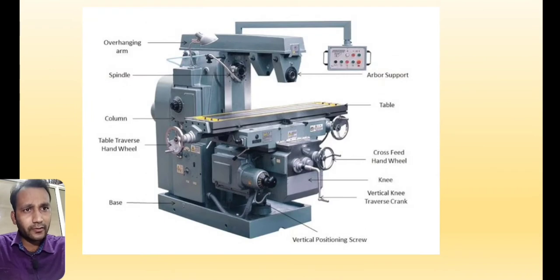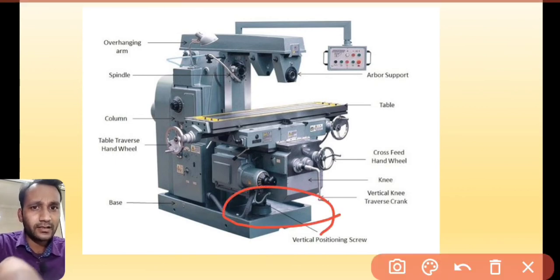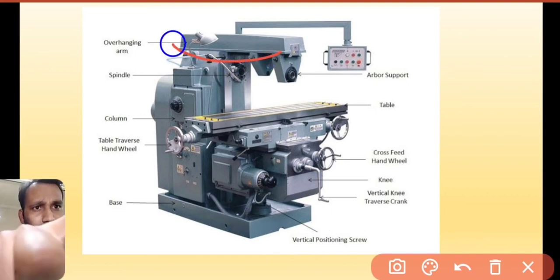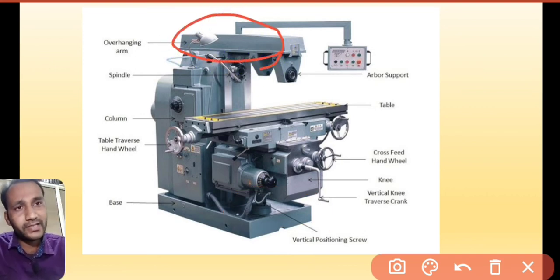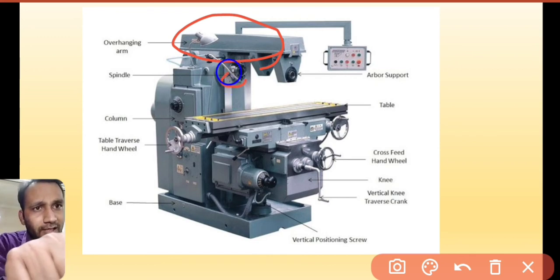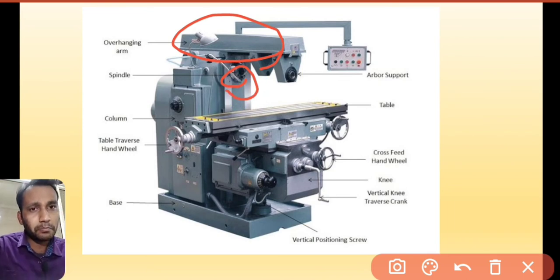This is the pictorial diagram of a milling machine. You can see all the components I have discussed earlier. This is the overhanging arm, which supports the arbor, and in the arbor the milling cutter is mounted. This is the spindle. The arbor is mounted in the spindle.